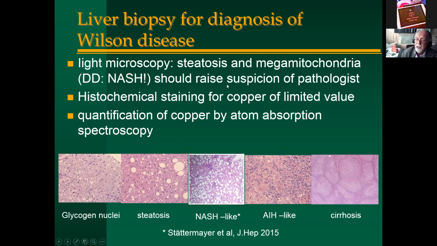This should raise the suspicion of the pathologist and at least mention this could be also Wilson's disease. Histochemical staining for copper is of very limited value. Only 27% of slides show you copper staining. So you have to quantify copper by atom absorption spectroscopy.